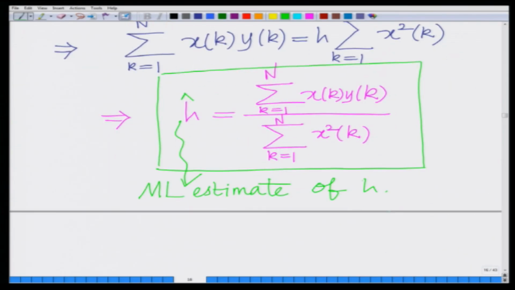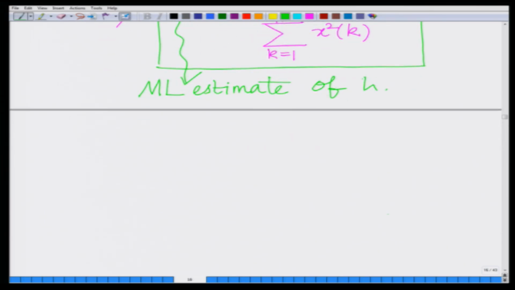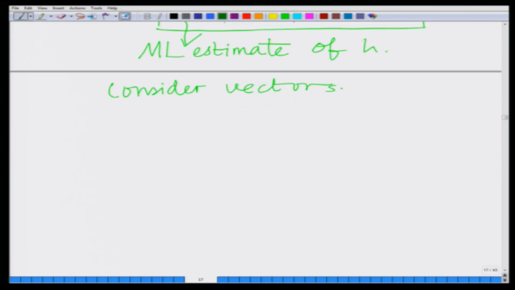Although we have derived this expression, one can now represent it in a much more compact fashion using vector notation. So, consider vectors. We have already defined y1, y2, up to yn.